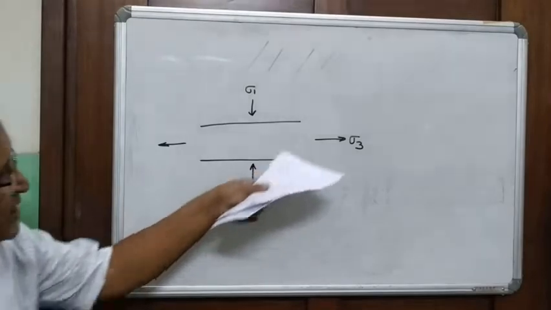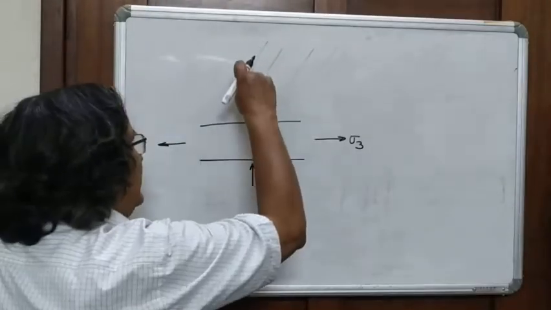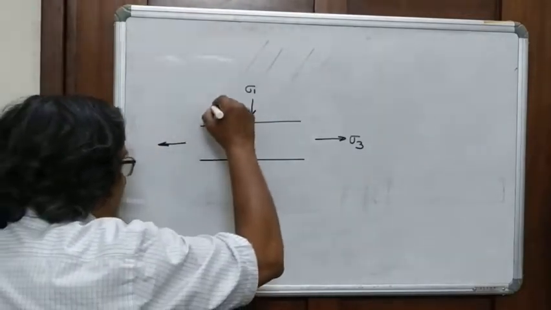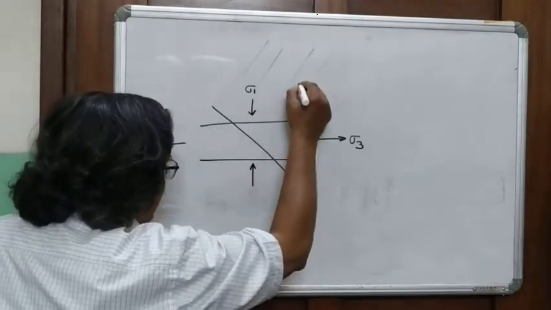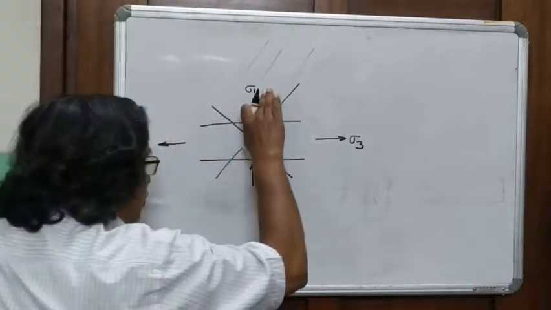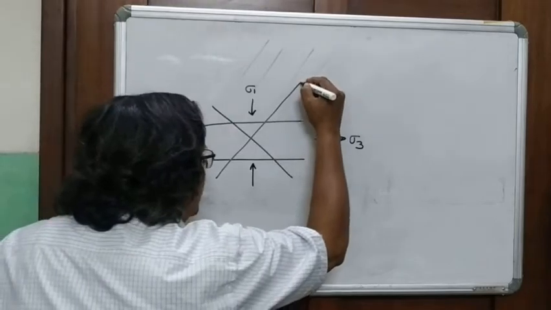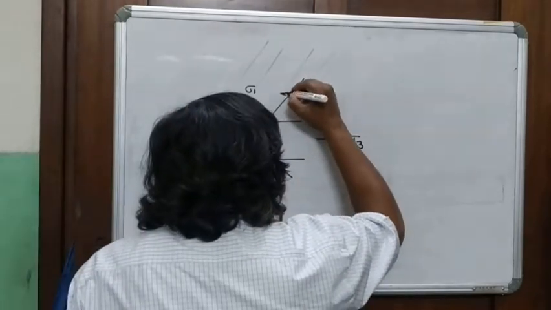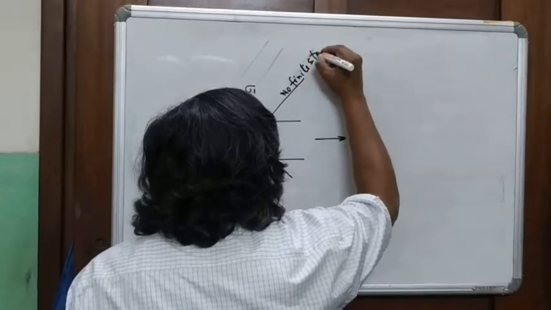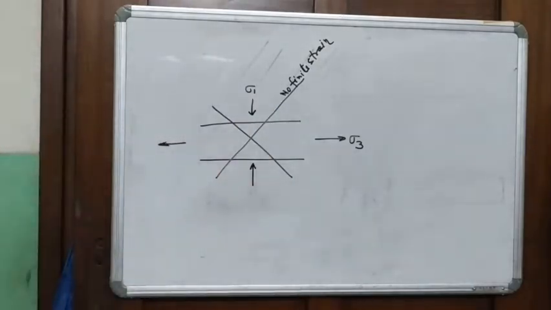This is the shortening direction, and this is the extension direction. So what happens when there is shortening here and stretching here? Somewhere there will be two lines where you move from shortening to extension. There has to be a zone where there is no finite strain.